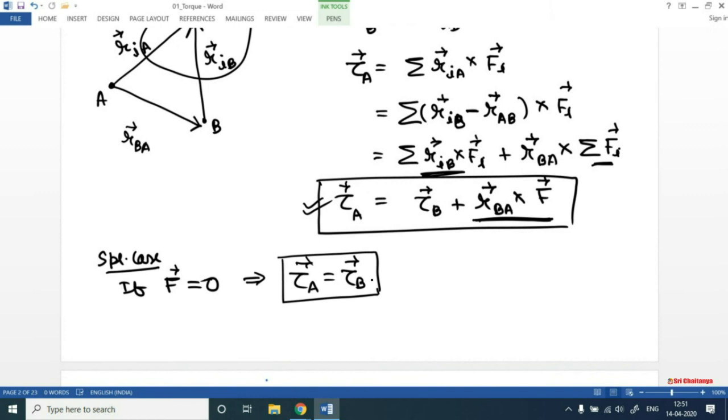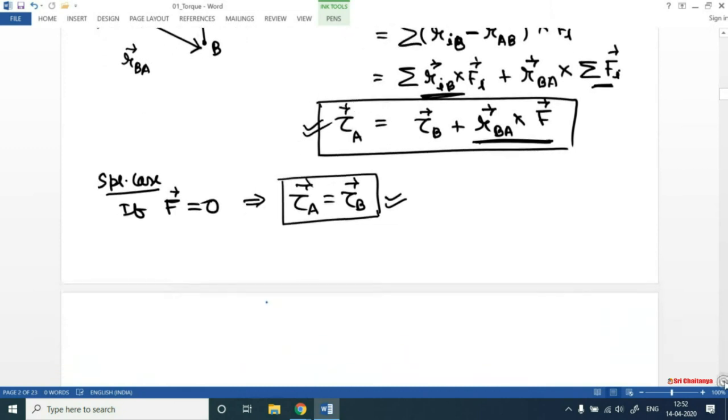It will be the same about each and every axis. So in fact the choice of point does not matter in this case. It is a very wonderful result. So whenever the net force acting on the body is equal to 0, we can write the equation of torque about any axis we please. Whichever axis is most convenient to us, we will use that axis to solve a given problem and save our effort. So this is a very important result.